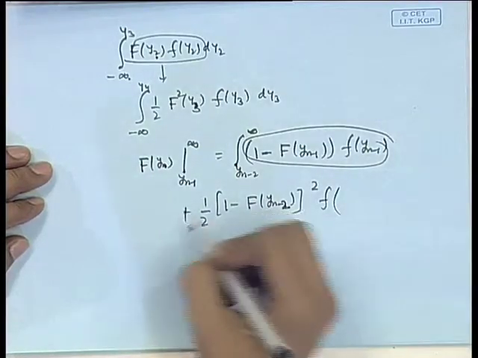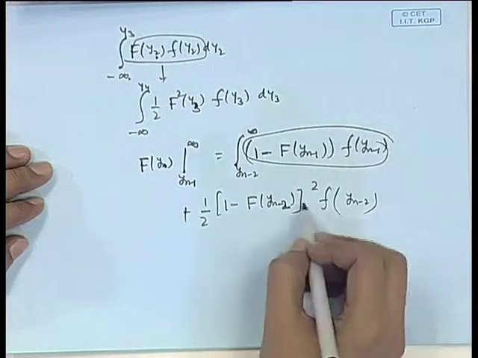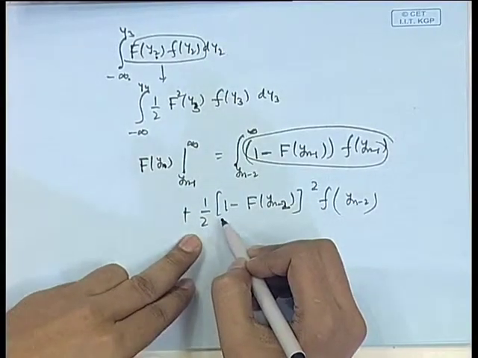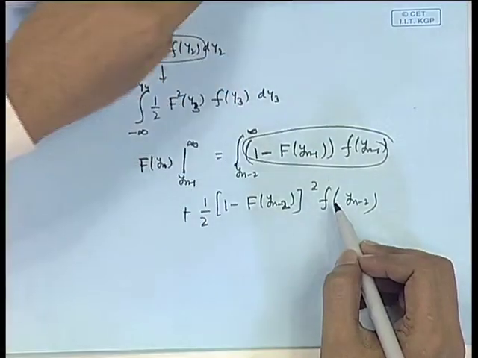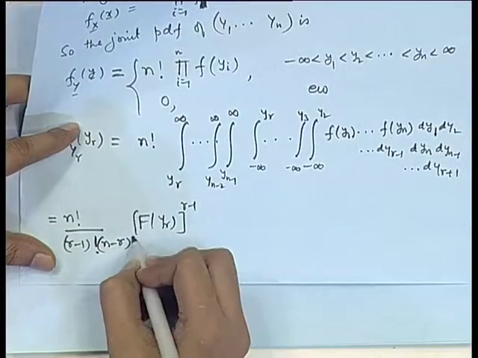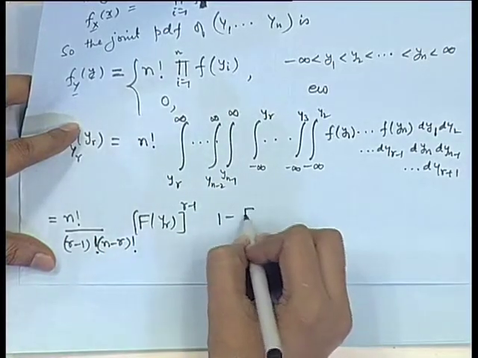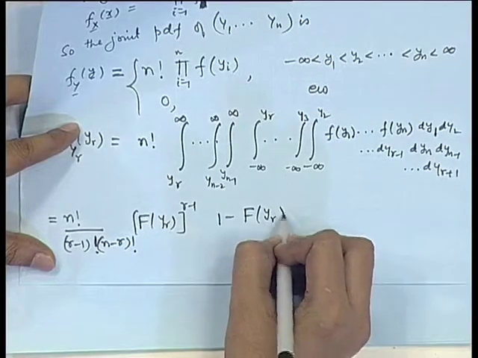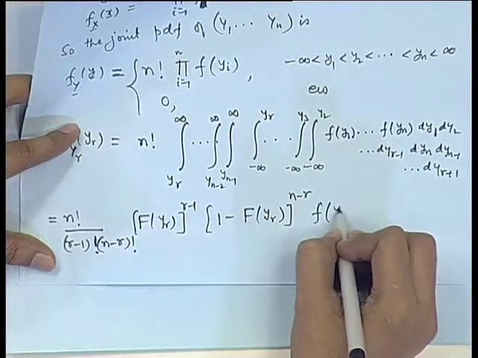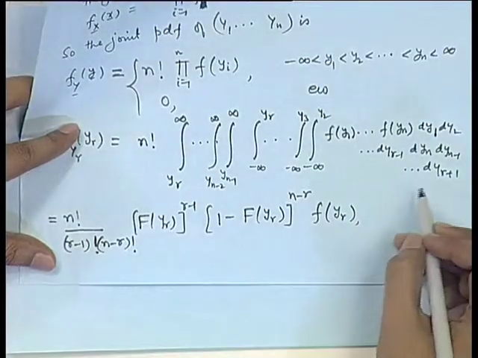So, at the next stage again, and this will give us the cube divided by 3 into 2. Like that we have to continue up to dy_{r+1}. So, this will give us (1 minus F of y_r) to the power n minus r divided by (n minus r) factorial, multiplied by f of y_r.